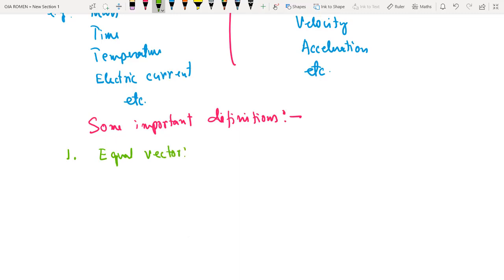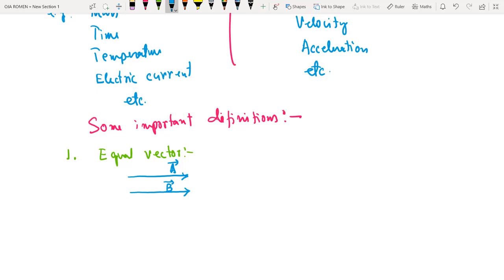Suppose we take a vector A and another vector B. We have two vectors A and B.